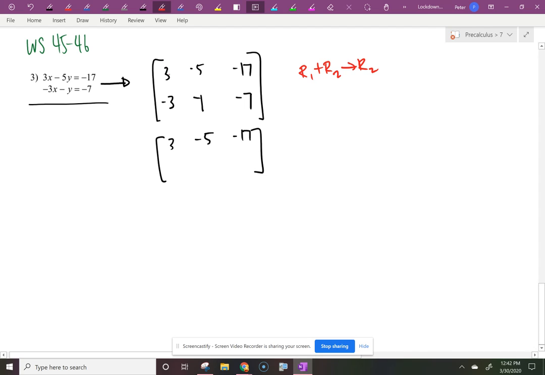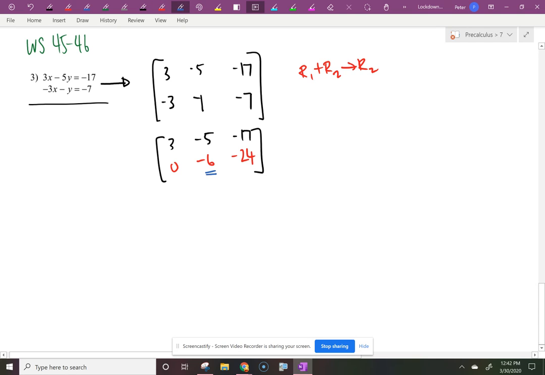So when I add that together, 3 minus 3 is 0, negative 5 minus 6 is negative 6, and negative 17 minus 7 is negative 24. You'll notice that that is awfully similar to what you would have done in the systems. You've just kind of dropped the x's and y's, which makes your life kind of nice. Now, it would be really, really nice to have this be a 1.